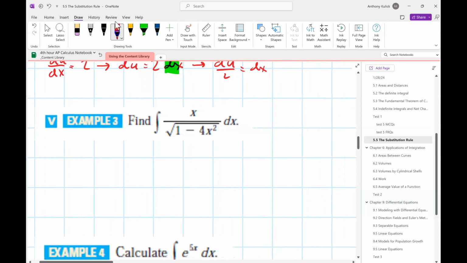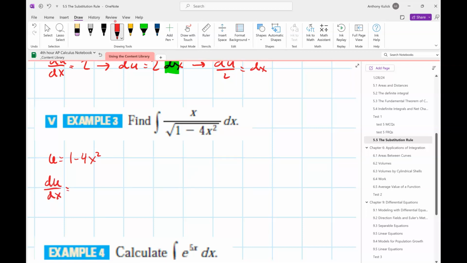Okay. Let's try the next one. The integral of x over the square root of 1 minus 4x squared. What do you think for the u? Would it be 1 minus 4x squared? I think that's what I would try.